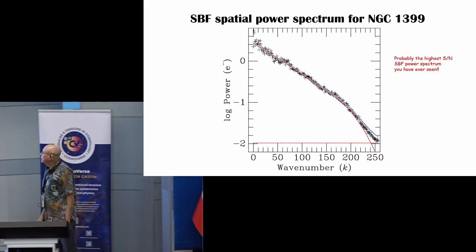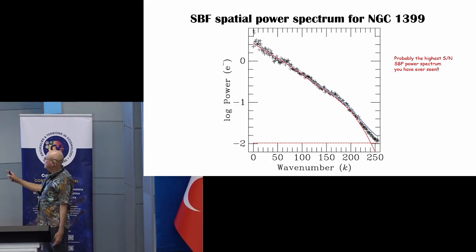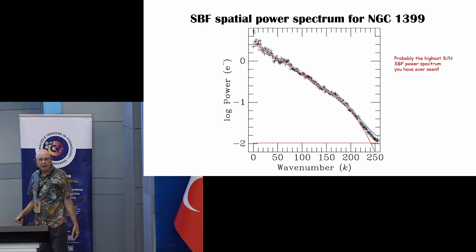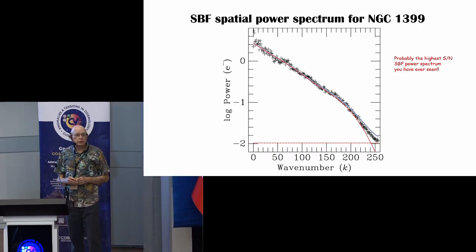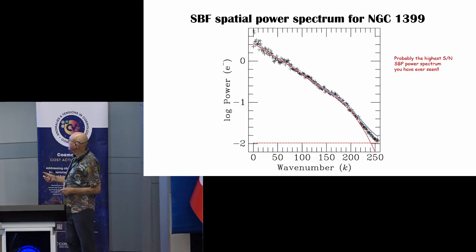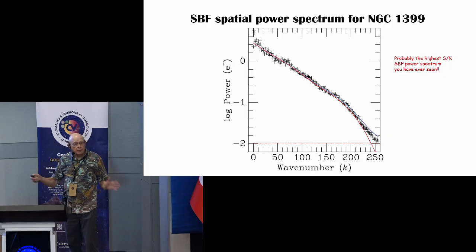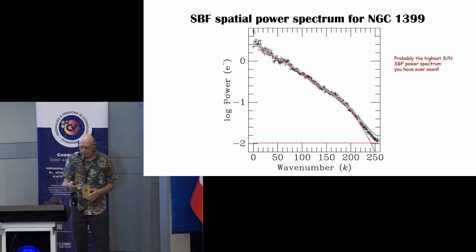So here's the power spectrum for the surface brightness fluctuations, and in this particular case, this is a nearby galaxy, and the observations are quite deep because we want to get exposures that are good for tip of the red giant branch. So this power spectrum is very, very strong, and so we now have surface brightness fluctuations calibrated by tip of the red giant branch, calibrated by NGC 4258.